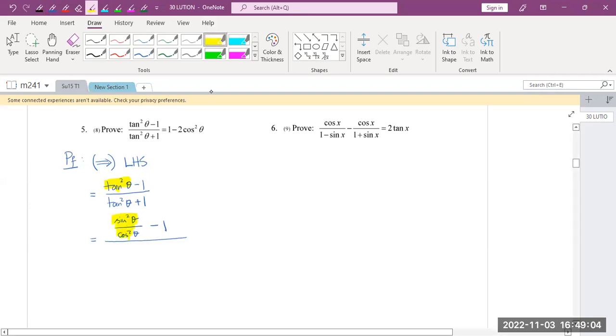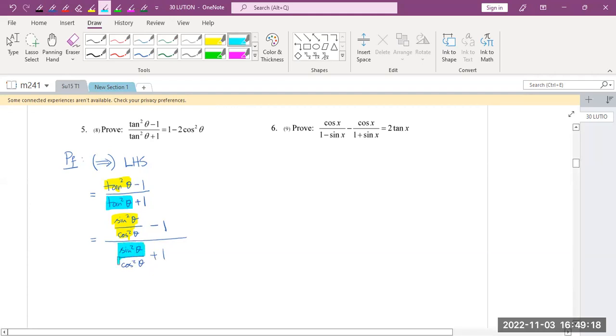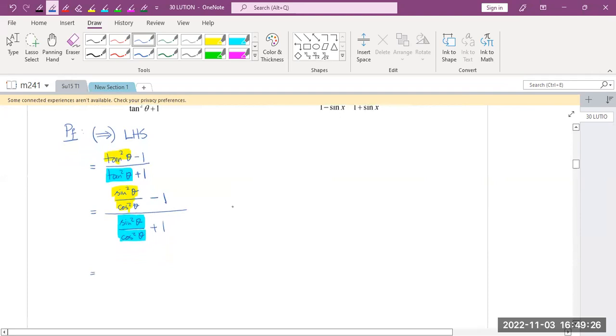That gives me sine squared theta over cosine squared theta plus 1. Now you see that on the top we have fractions, at the bottom we have fractions. So we multiply the top and the bottom by the LCD, cosine squared theta.